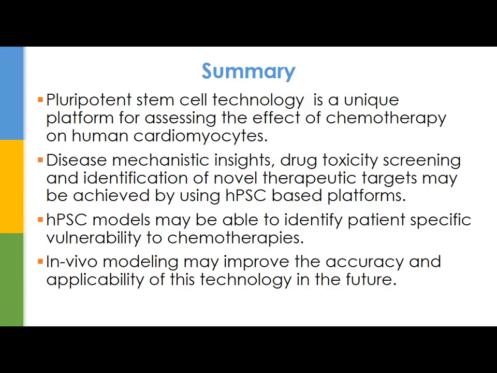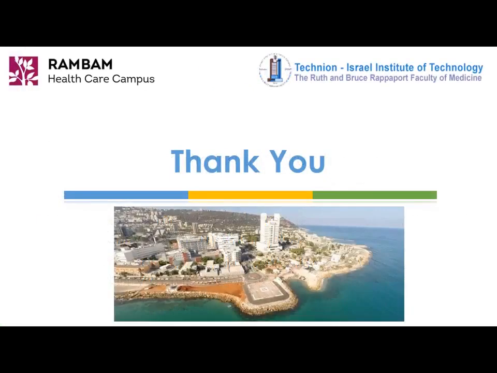The human pluripotent stem cell models may be able to identify patient-specific vulnerability to chemotherapies. And finally, in vivo modeling may improve the accuracy and applicability of this technology in the future. I would like to thank you for listening, and I will be happy to have questions.